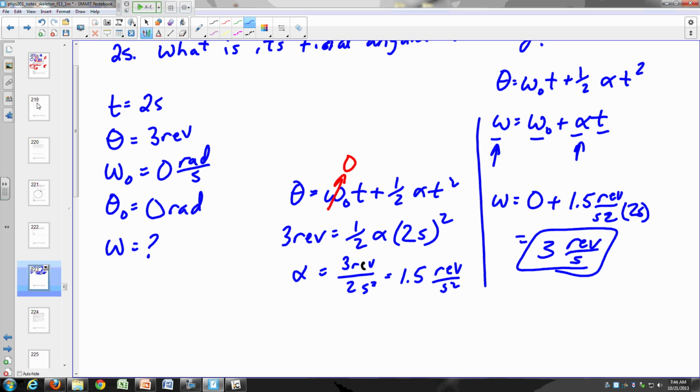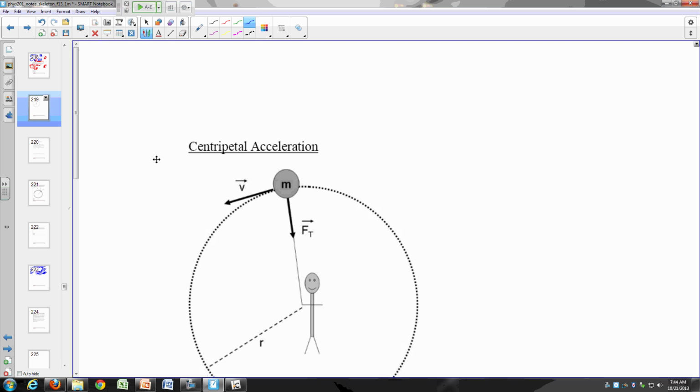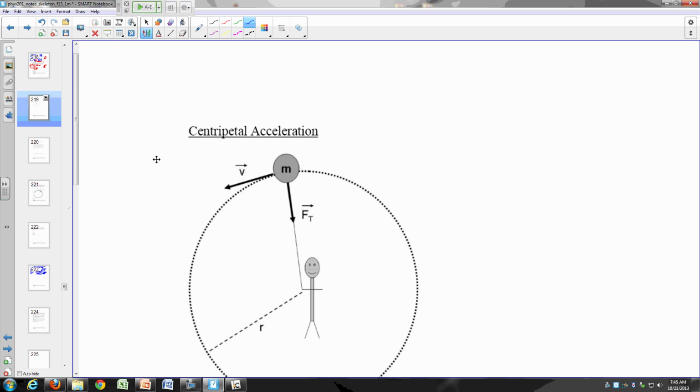All right, so we're going to look now at centripetal acceleration. If you're in the lab, we talked a little bit about centripetal acceleration in the previous lab. Anytime I have an object spinning around in a circle, like just a ball on a string, even if it's traveling at a constant velocity, it still has an acceleration.